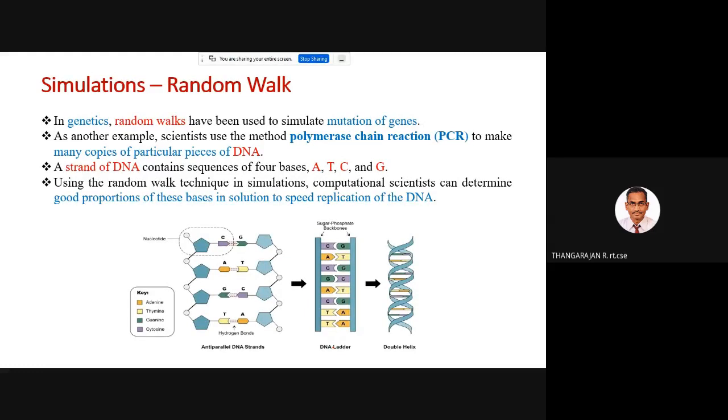So each molecule, by virtue of its thermal agitation, will go from one place to another place inside the liquid. Initially, you find that it is more concentrated on the top, but ultimately, if you wait for a long time, you find that the entire liquid is blue. That means the ink has spread in all the directions.